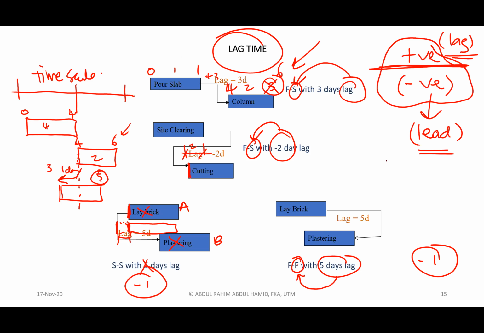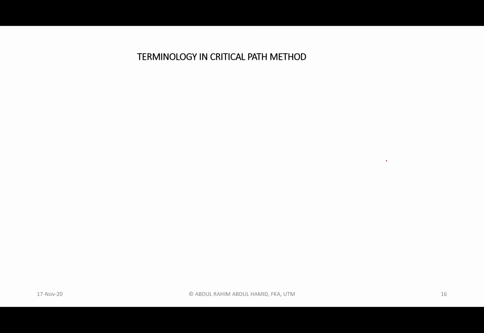Those are the three extra types of relationship plus lead and lag. That's what makes the PDM diagram much more advanced compared to the original AON diagram.